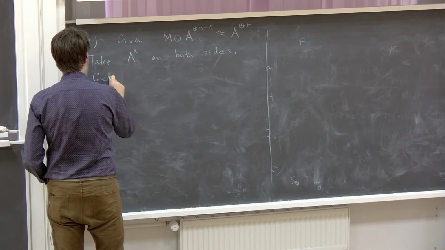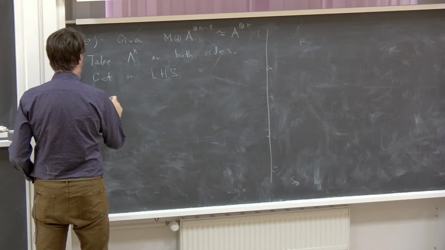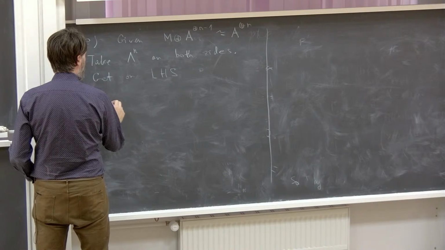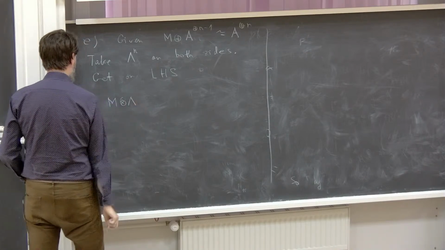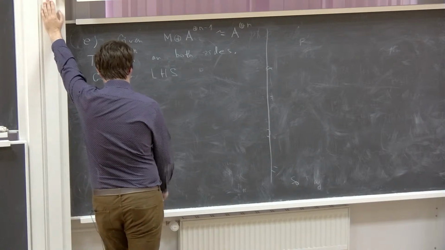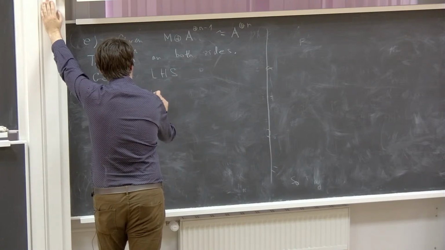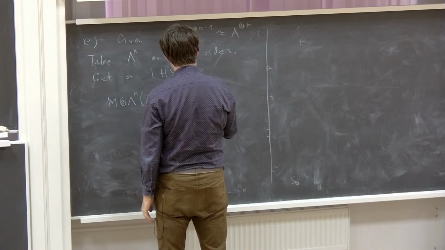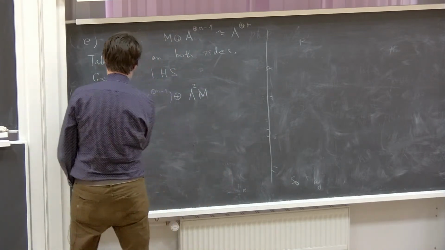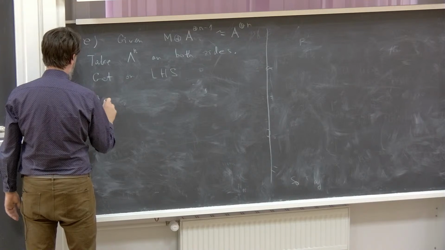So on the left-hand side, you can check that what you get is, just a second, this will be wedge n of M plus wedge n of A^(n-1), plus wedge 2, sorry, it's kind of like a binomial theorem kind of thing.